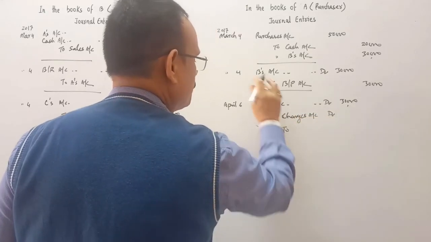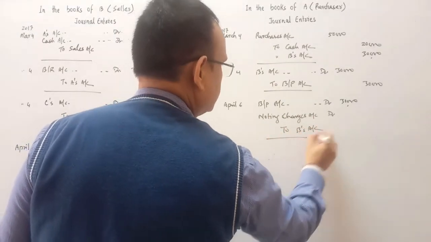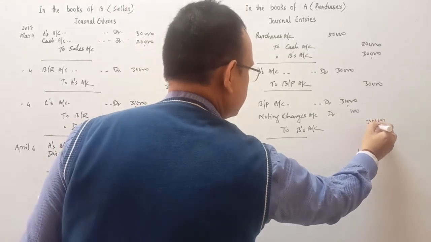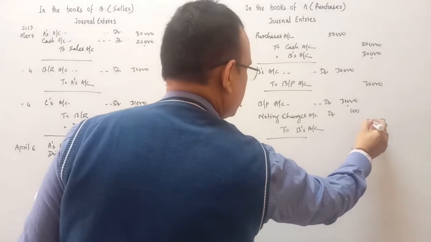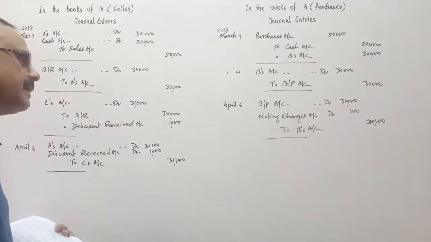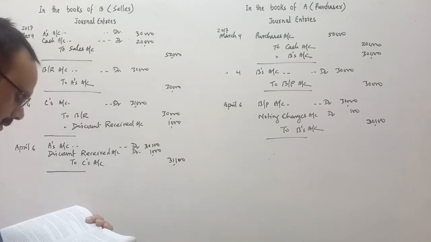To B's account will be credited. Here the noting charges are 100 rupees, so this is 30,100. Is it clear? 30,100 for the dishonor of the bill.